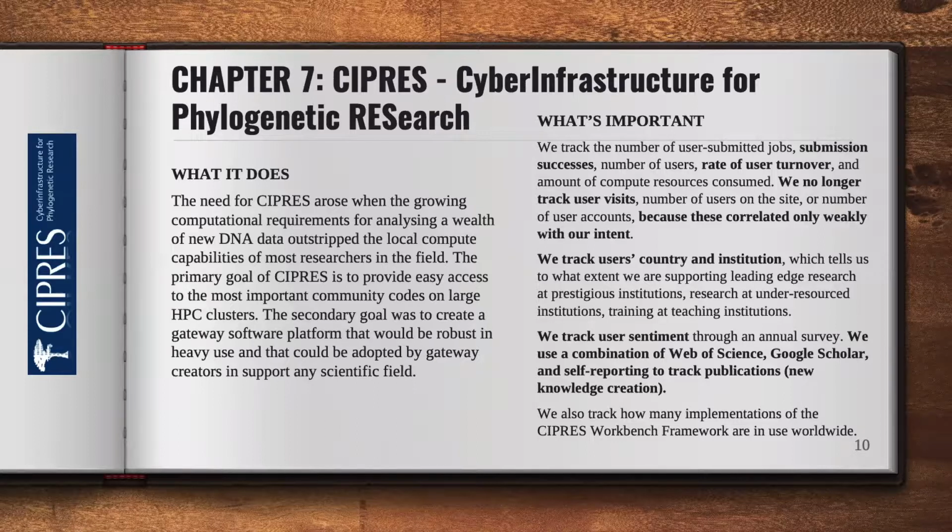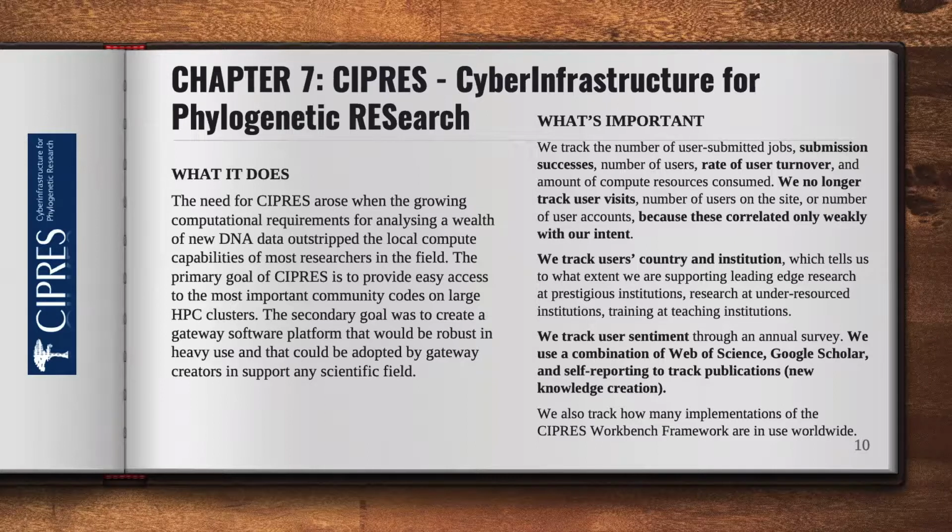So what they look at is the number of users, job submissions, let's see, the rate of user turnover, which I thought was really interesting. So are people coming and staying? Are people coming and leaving? Are those things good or bad? Country and institution, so that you can understand whether you're serving only leading research institutions, whether you're serving those as well as teaching institutions, whether you have a worldwide impact. Thinking about all those things at the outset.